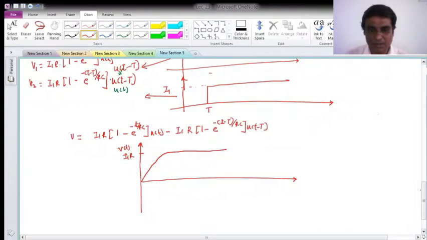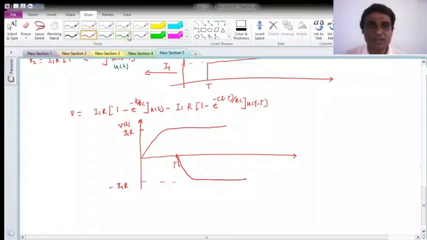The second term starts from T and goes in the negative direction, exponentially increasing with the same magnitude, I1 R, with negative sign. If I subtract this and this, the resultant output will be something like this, and from here it will be smoothly discharged.